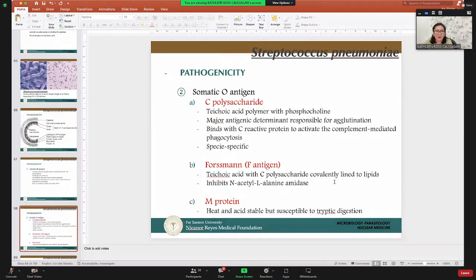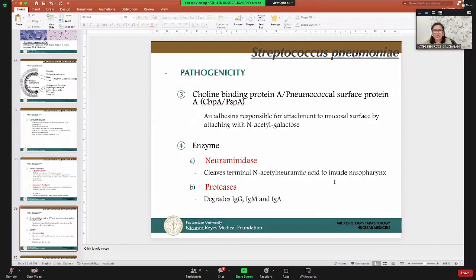Then you have the somatic O antigen, also with antiphagocytic effect, responsible for adherence and for agglutination. The F antigen, the M protein, never mind those. The choline binding protein A or pneumococcal surface protein is also responsible for adherence, and other enzymes, neuraminidase and proteases.